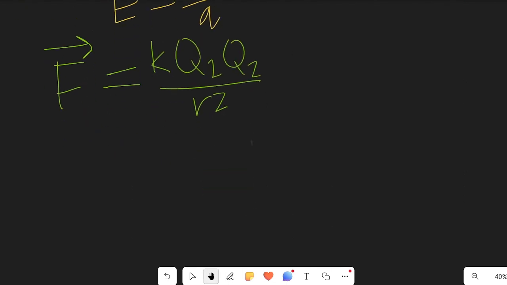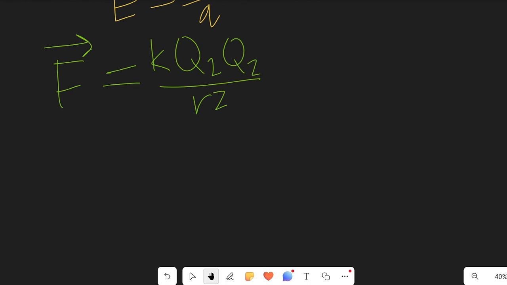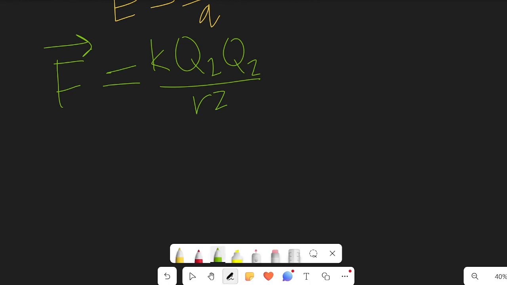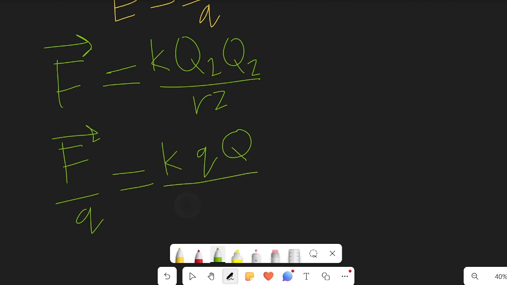So then if we go to electric field, electric field is equal to force divided by charge, which is equal to the Coulomb constant times the test charge times the big charge divided by R squared times the test charge, right? All of these cancel out, and then we have our electric field in vector form.